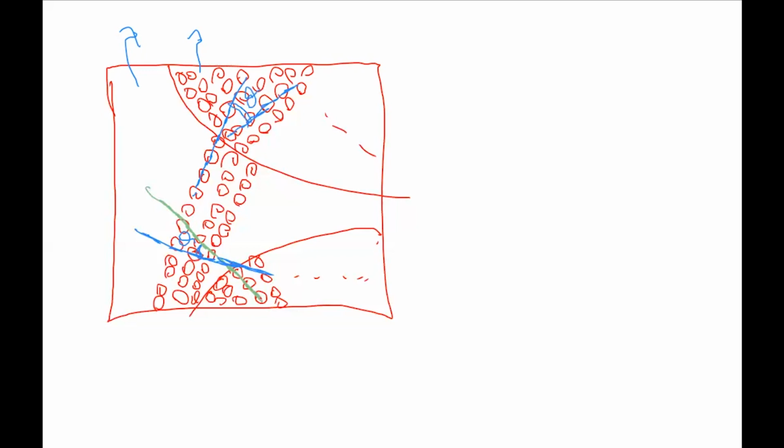So let's say this is greater than 20 degrees and it is a high angle grain boundary. And here we have a low angle grain boundary.